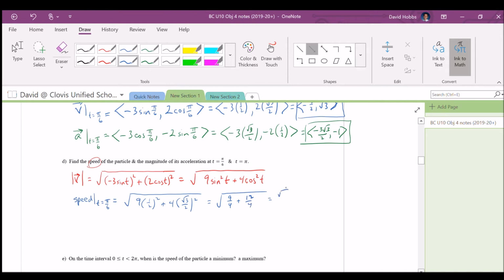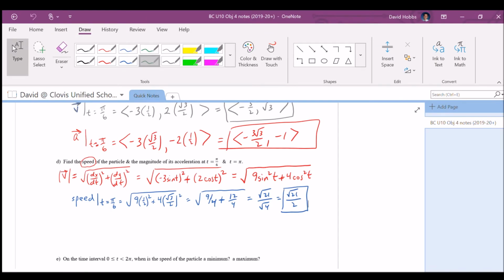That's root 21 over root 4, which is root 21 over 2. And again, this is speed. Notice that it's not a vector; it is just a numerical value. I'm going to pause and allow you to do the speed at t equals pi.